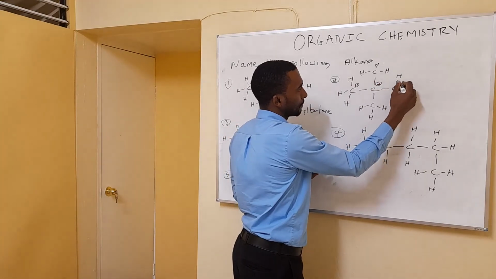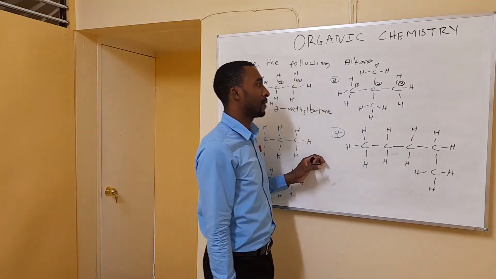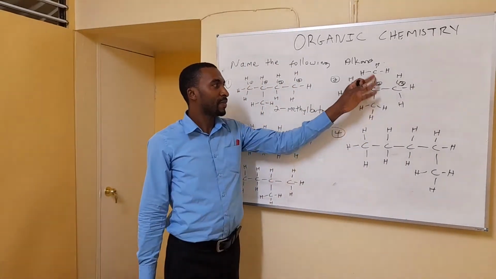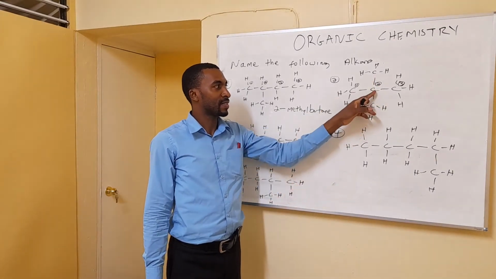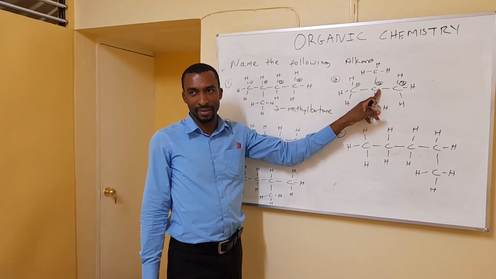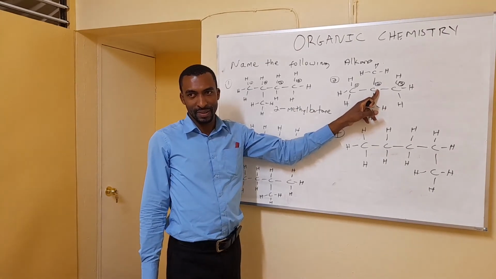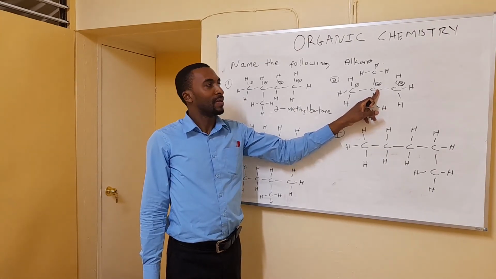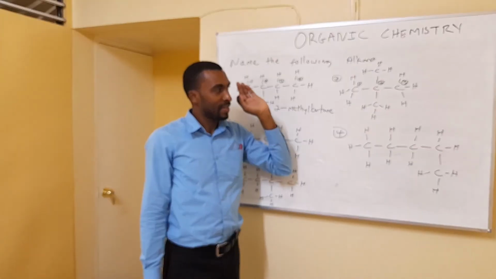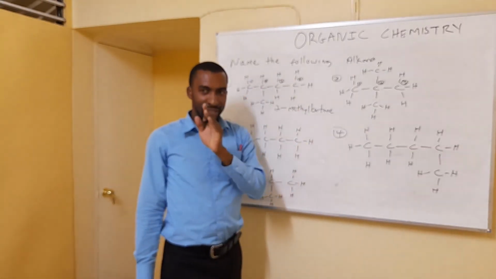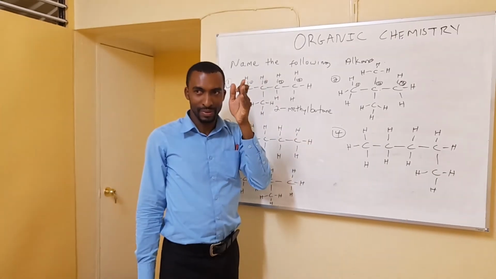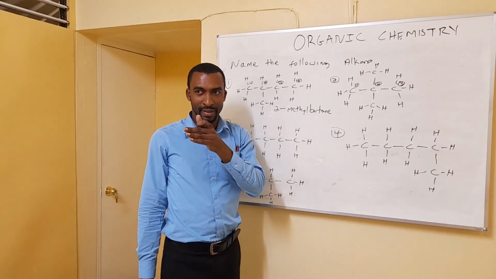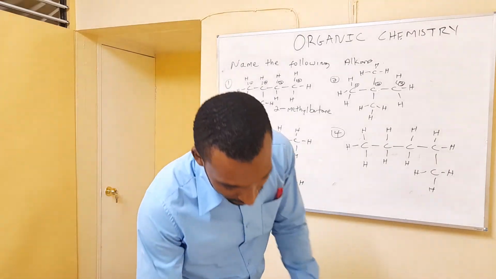Now, the issue with this one is that we have 2 branches on this carbon atom. We're not going to say 2-methyl, 2-methyl. We're just going to say 2,2-dimethyl. Clear?